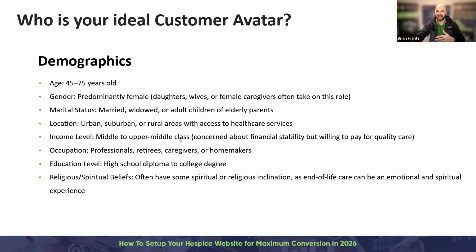You want to look at the demographics, okay? Gender, predominantly female, might be daughters, wives, or female caregivers. Often have this role. Might be married, widowed, or adult children, maybe of elderly parents, right? So I want to map out your demographics, okay?